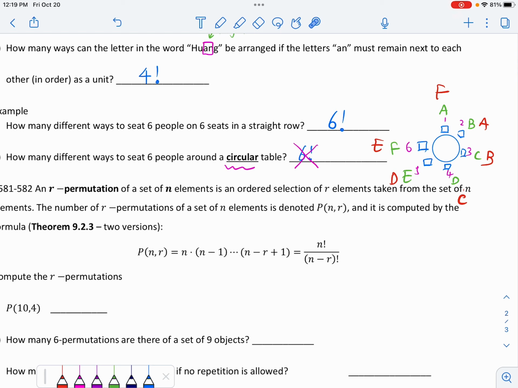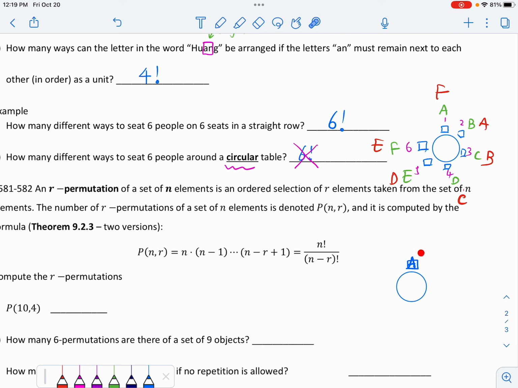Now, how do we correctly count how many different ways to seat these 6 people? Think of it this way. Fix A to sit on seat number 1. So A is here. Once this is fixed, just rearrange all other 5 people using the permutation.